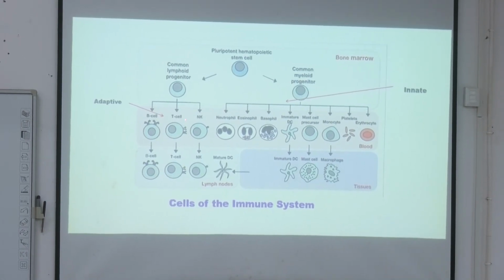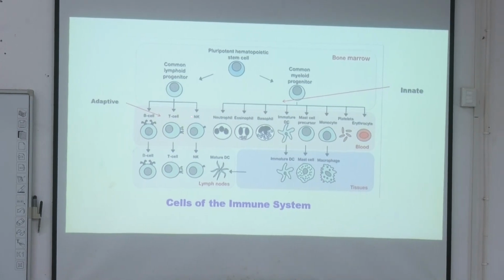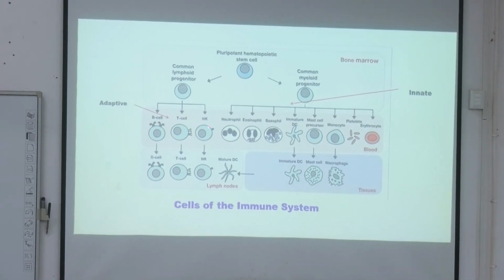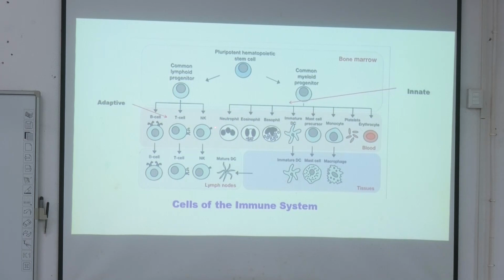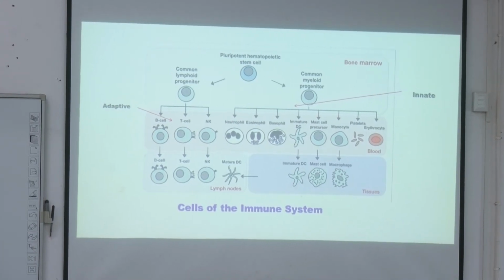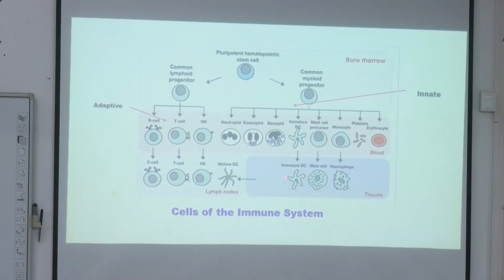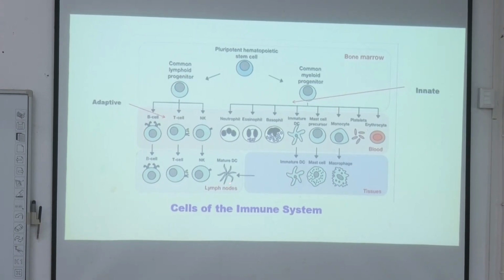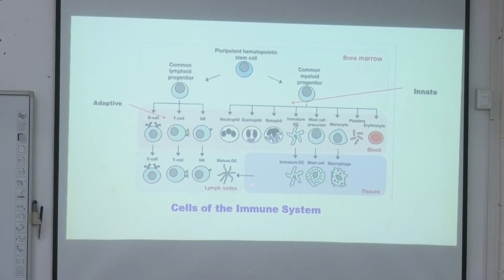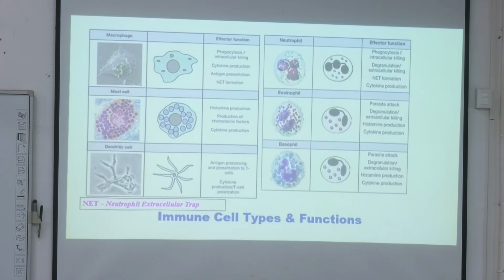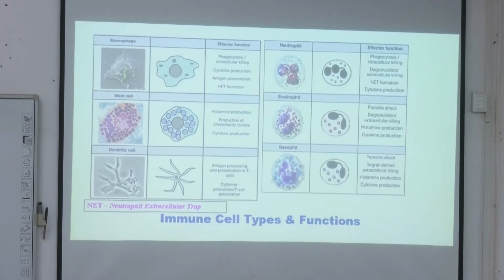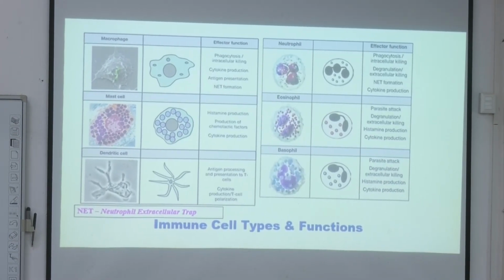Adaptive immune response is responsible, as I told you, because of T cell and B cell. T cell gives cell-mediated immunity and B cell gives humoral immunity. Now, the immature dendritic cell becomes a mature dendritic cell and then becomes functional. So, you must remember the basic functions of these cells. Some are unique.